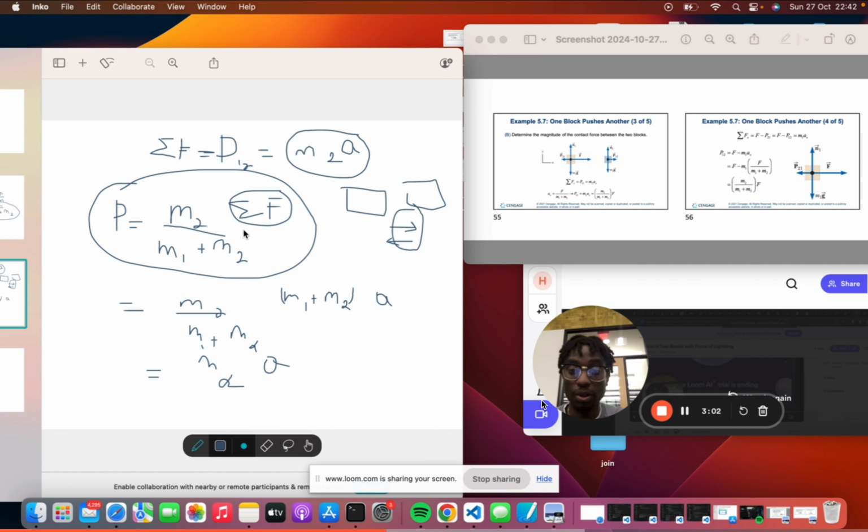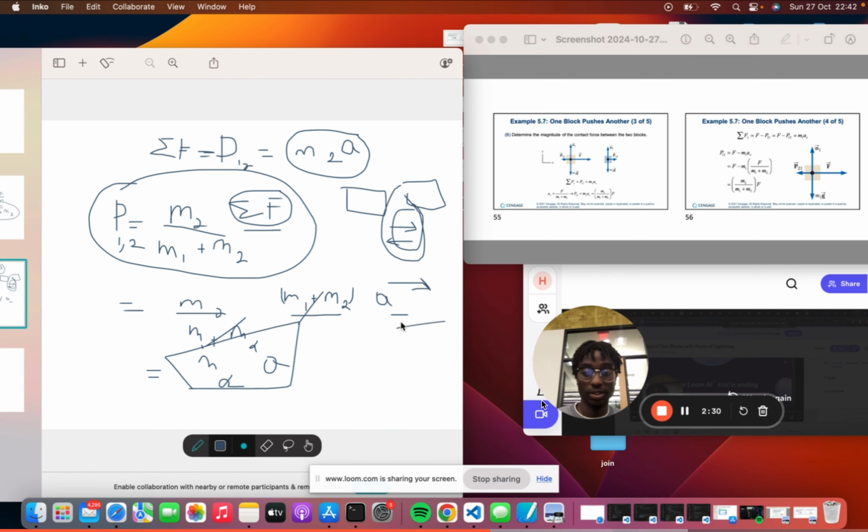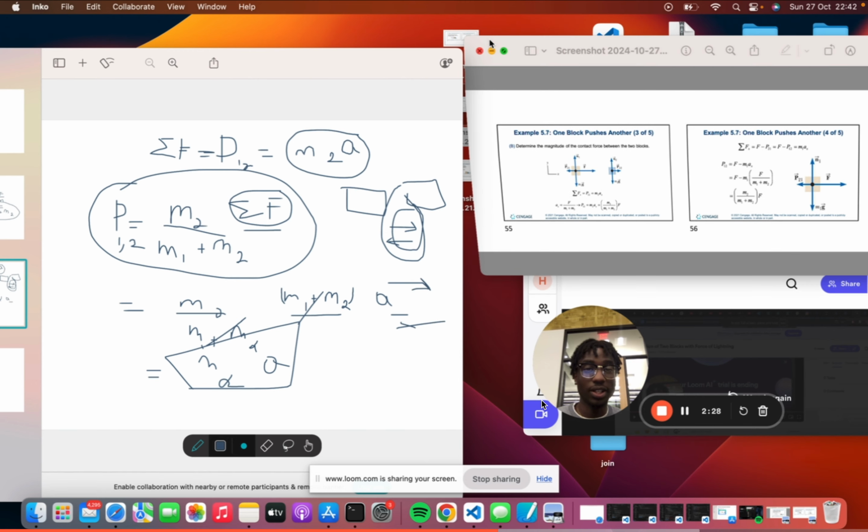The summation of forces is equal to M1 plus M2 times acceleration, and once you simplify, you get M2 times A. So the force that body 1 applies to body 2, P12, is equal to M2 over M1 plus M2 times F. This P12 is in between the bodies, and according to the third law, it goes like this, and it also comes back like this between the two bodies.